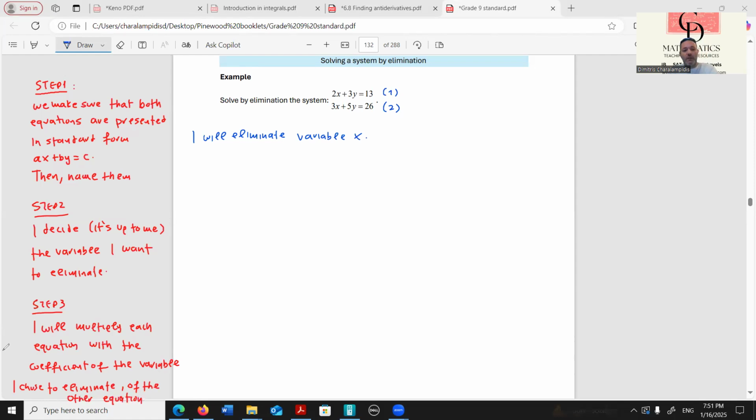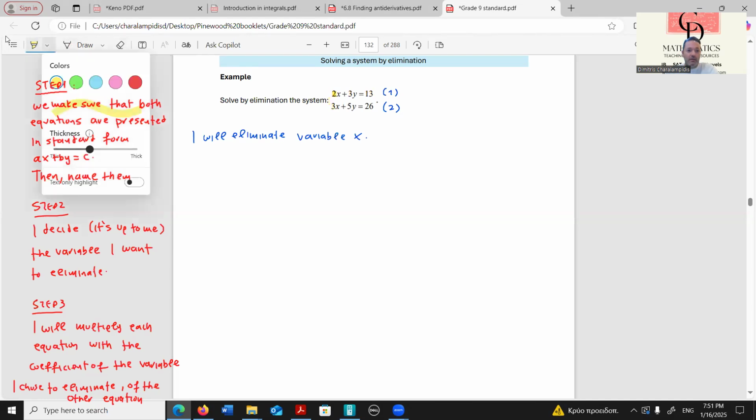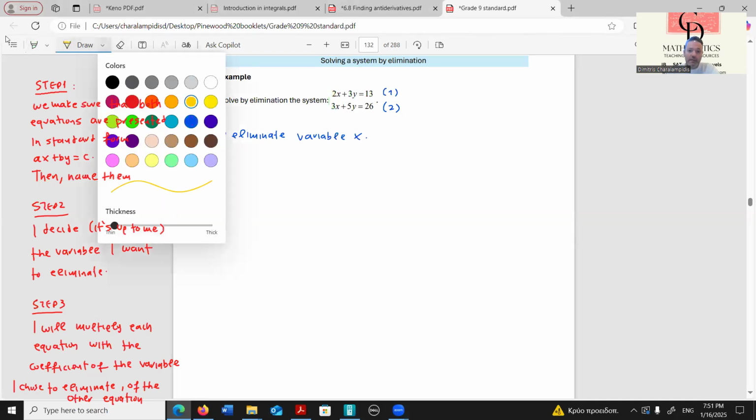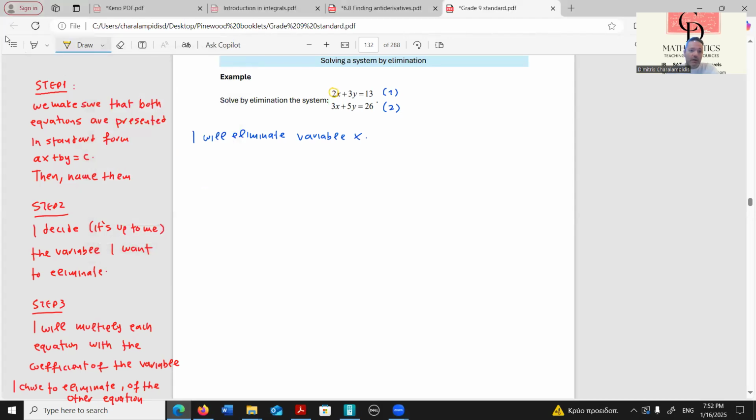Let me make totally clear what I mean by that. I just decided that I wish x to be eliminated. Then I will consider the coefficients of x in these two. On top, it's 2, and on the second one, it's 3, okay? Here, it's 2, and down, it's 3.